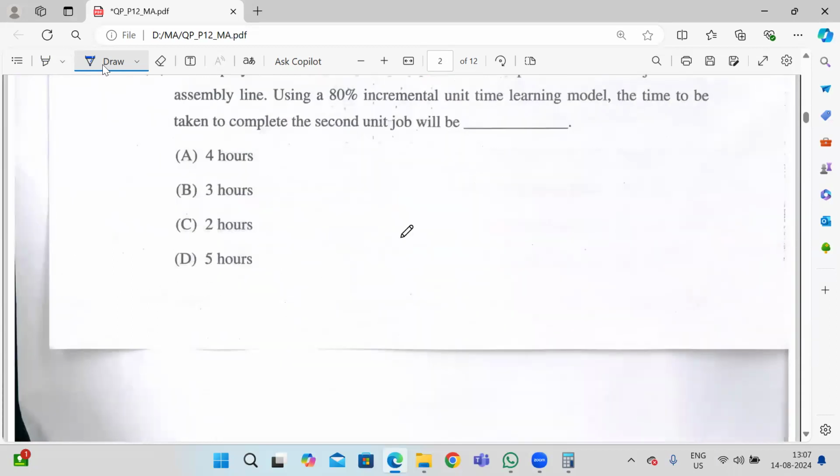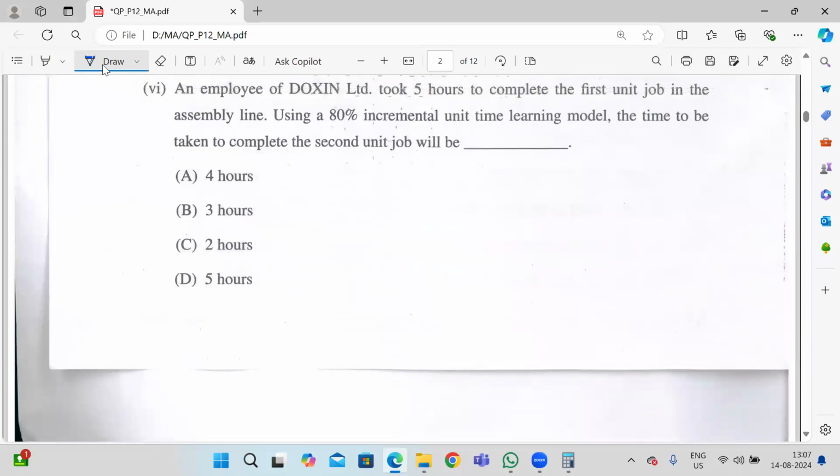Then an employee of Doxon Limited took 5 hours to complete the first job in the assembly line. Using an 80% incremental unit time learning model, what will be the time taken to complete the second unit?